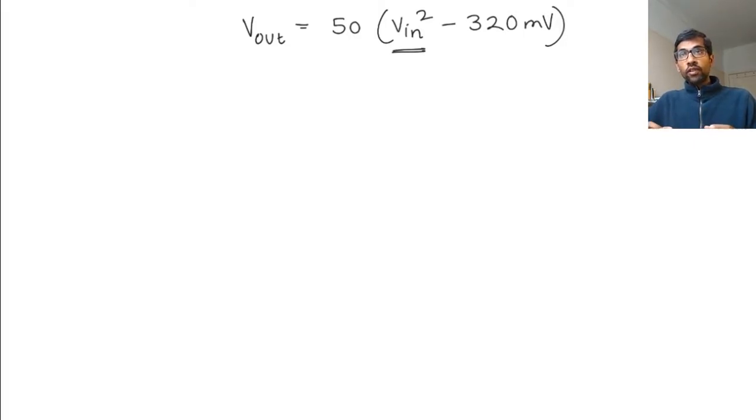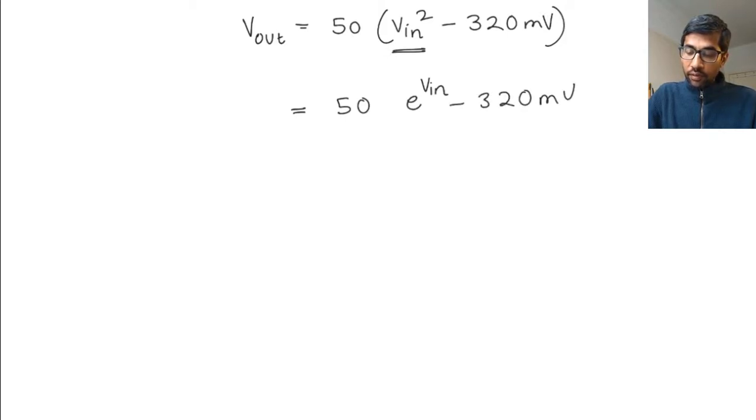But what would you have to do to the previous circuit? You would have to redesign it altogether, right? You would have to put one more component in the circuit so that we can get a square of a signal. Let me make it a little bit more complicated and say what I want is 50 times e to the power V in minus 320 millivolts. Now things are starting to become more and more difficult, right?